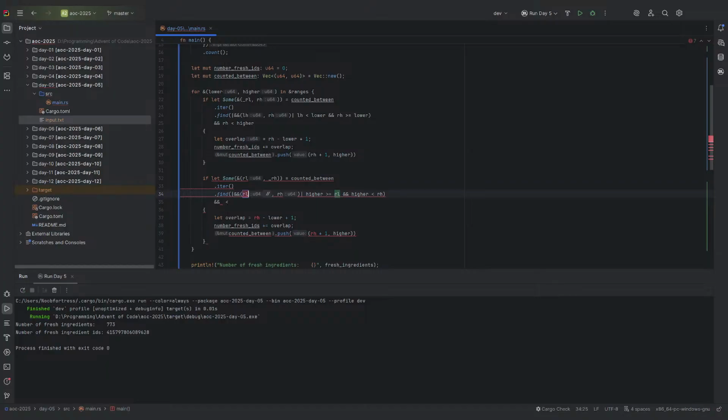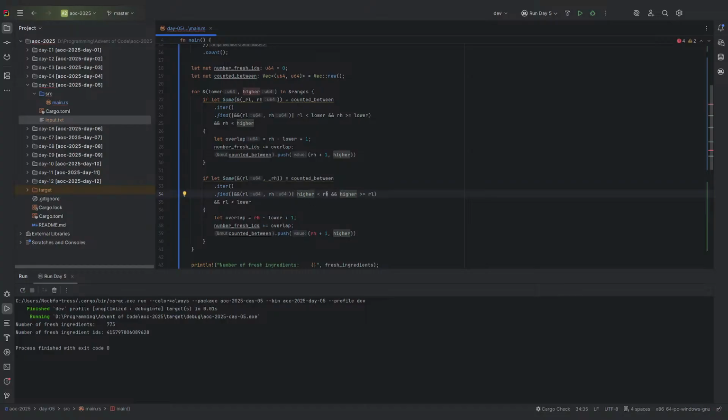Why did I make it like that? Need to make sure that it's not contained, because here I'm finding a, guess it makes sense for these to be swapped, maybe.